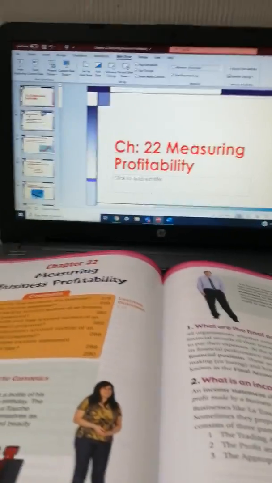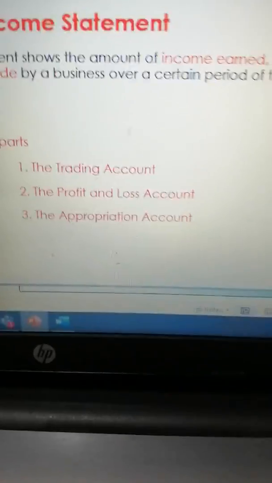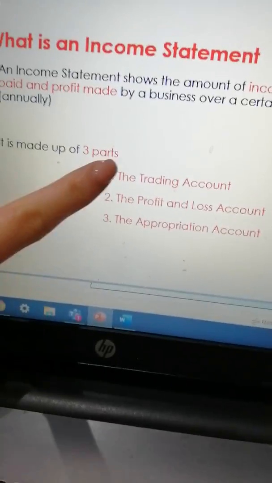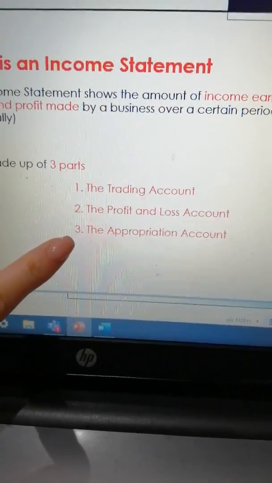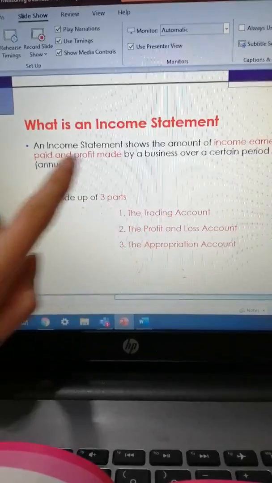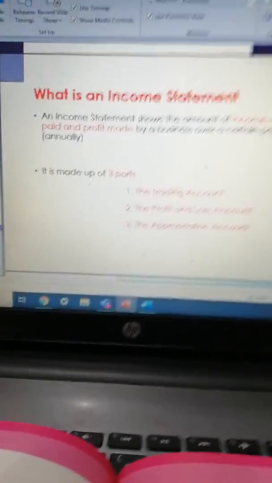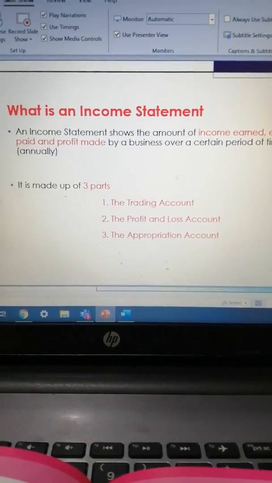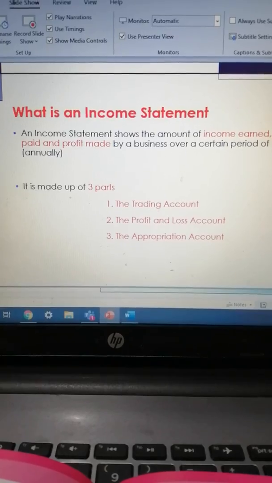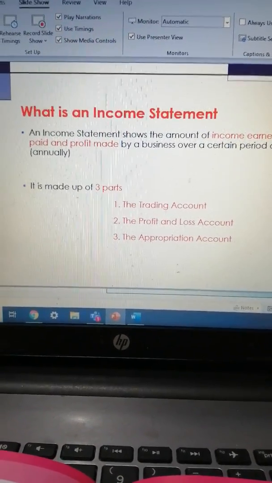Those 3 documents are called a trading account, a profit and loss account, and an appropriation account. So these are all called income statements. An income statement shows a business's income, it shows their expenses, and it shows how much profit they make. That's what an income statement is.